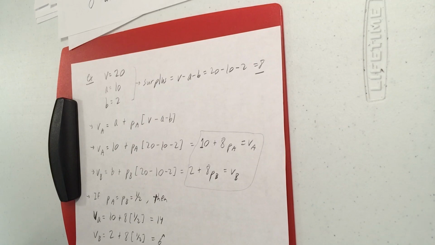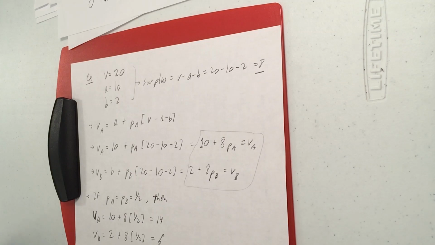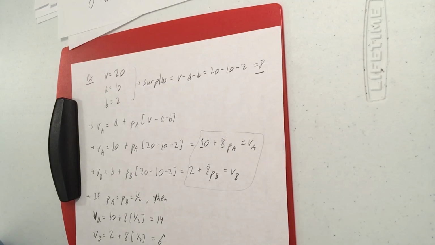The issue, though, is that because PA and PB could, in general, be anything from 0 to 1, it imposes very few restrictions on what is possible. So it gives you a very, very wide range of potential outcomes, so very little predictive power. As a result, we look towards other bargaining models that give us more precise predictions. To learn more about those, be sure to join us for our next episode.